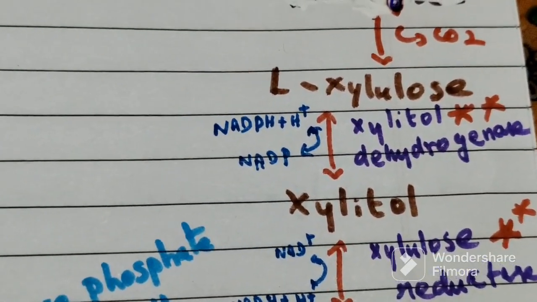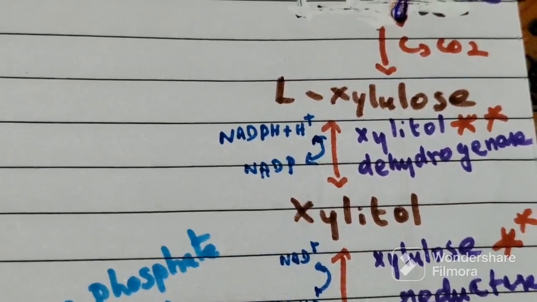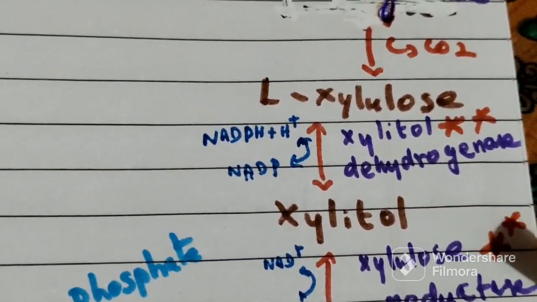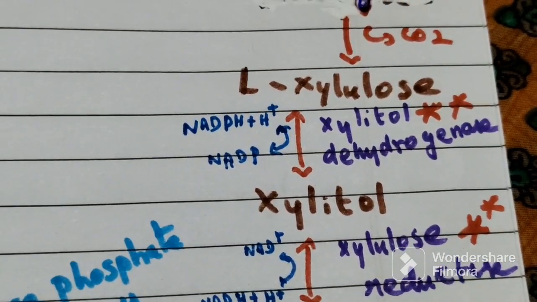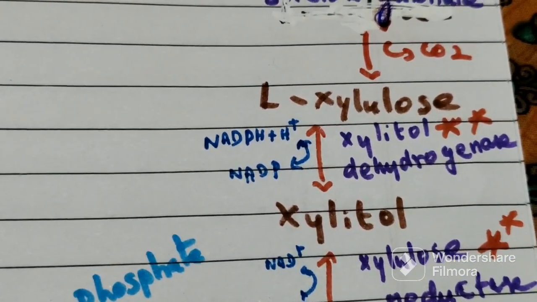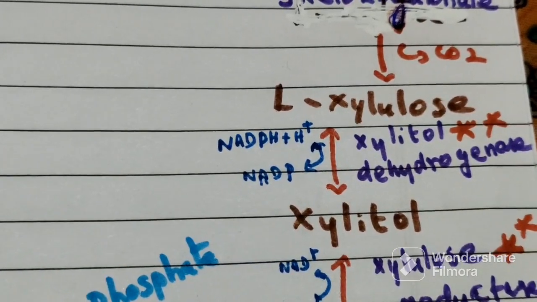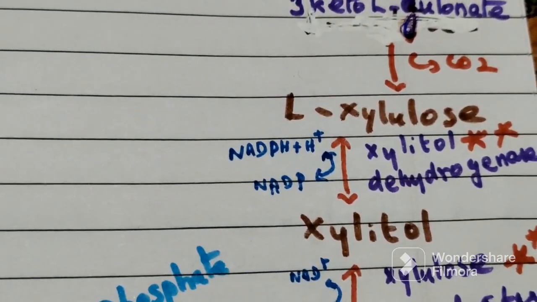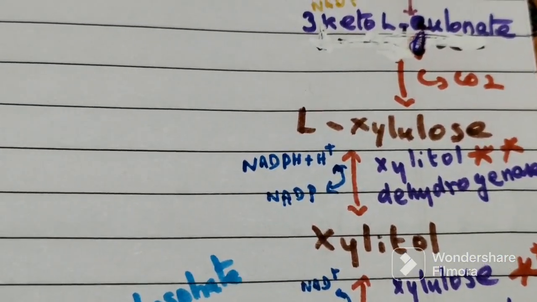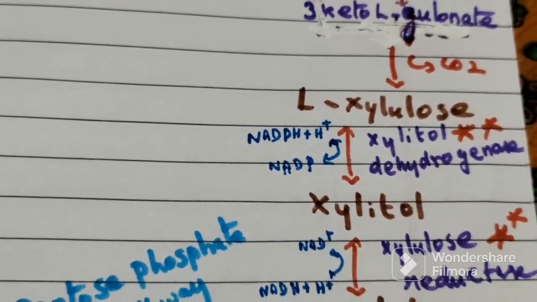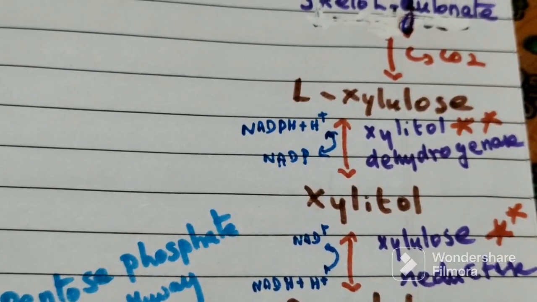So absence of any of these two enzymes, xylitol dehydrogenase or xylulose reductase, leads to a condition called pentosuria.